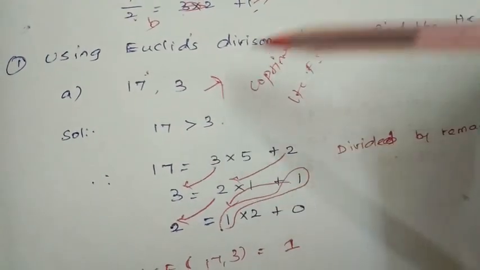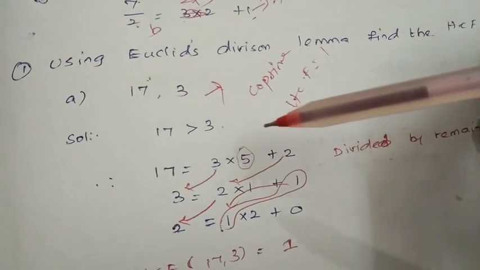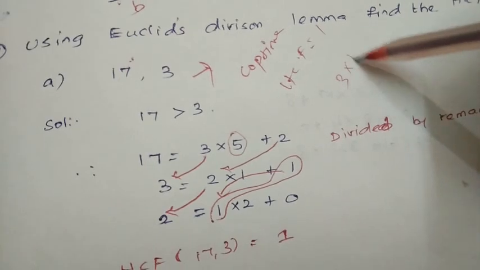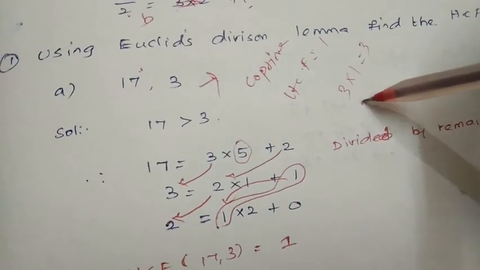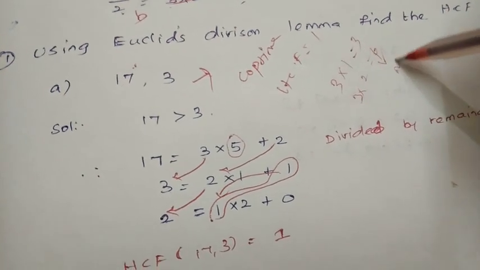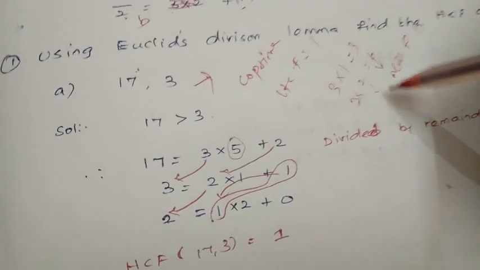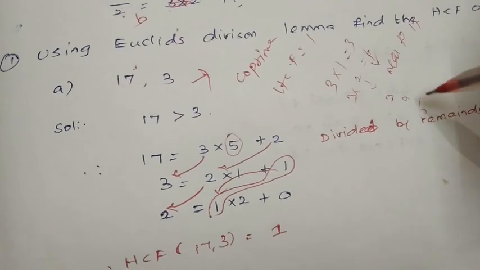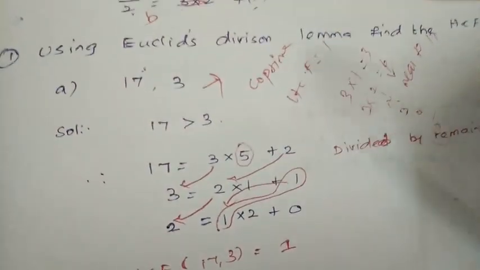So 17 equals, this number we need to judge by ourselves. 3 into 1 is possible, 3 into 2 is 6 only. That number should be near to 17, so possible 2, 3, 4, 5. Like that we need to judge by ourselves.